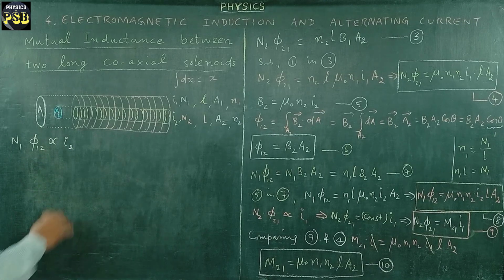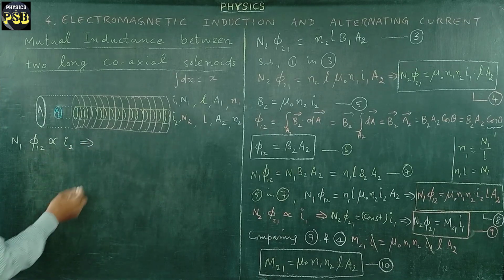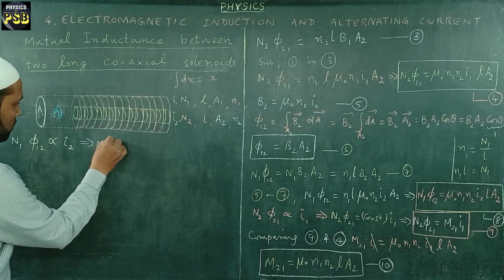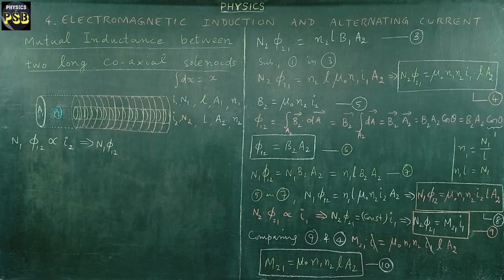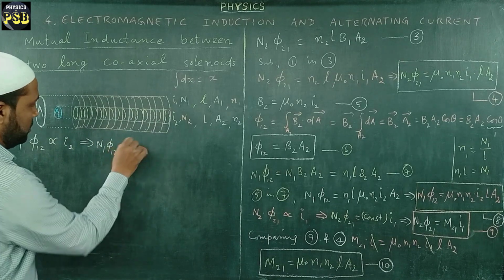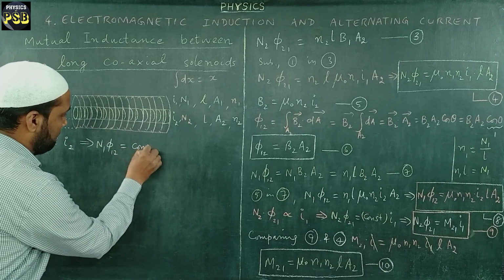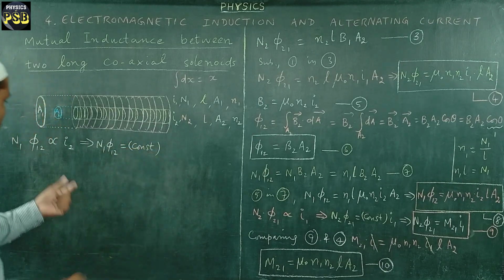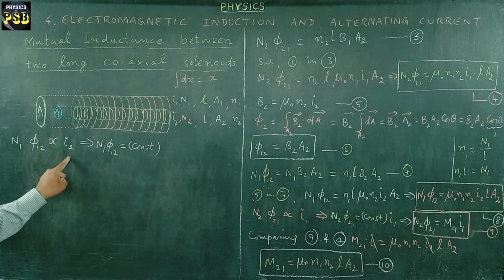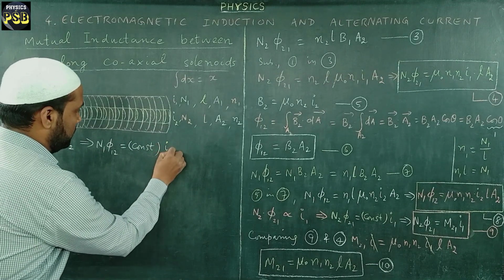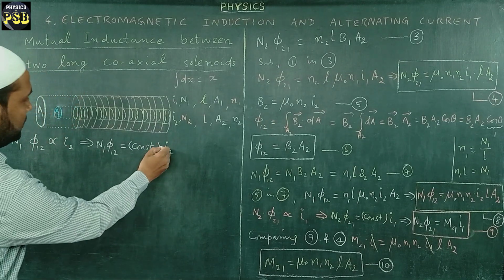Here I remove proportionality. So what I will get if I do so is N1 φ12, and put an equal to sign here along with a constant. Now this we do when we remove proportionality, okay, and I2 is written beside it.